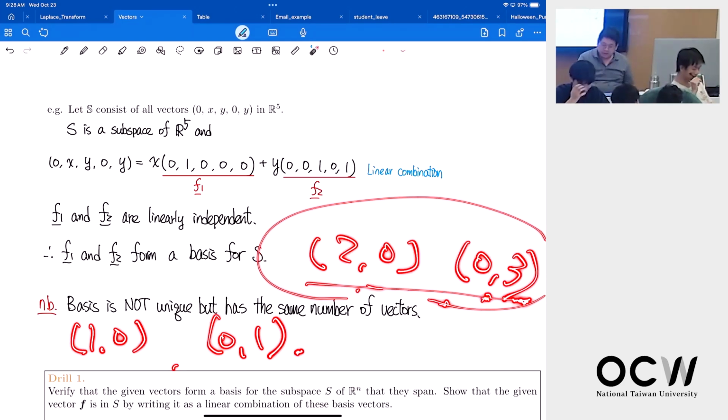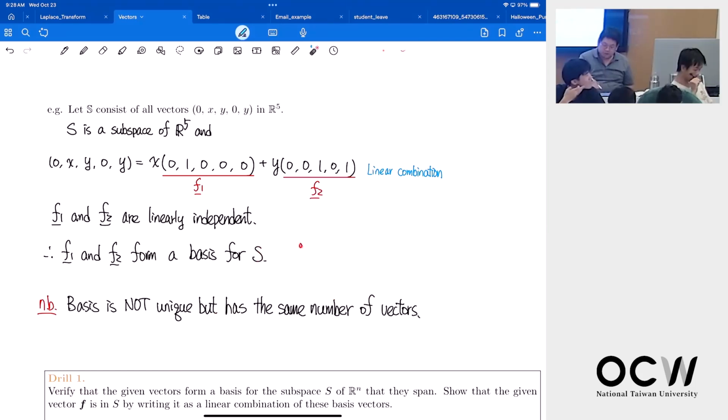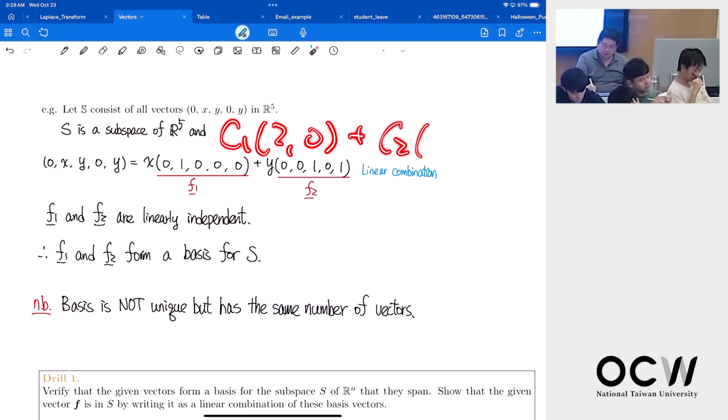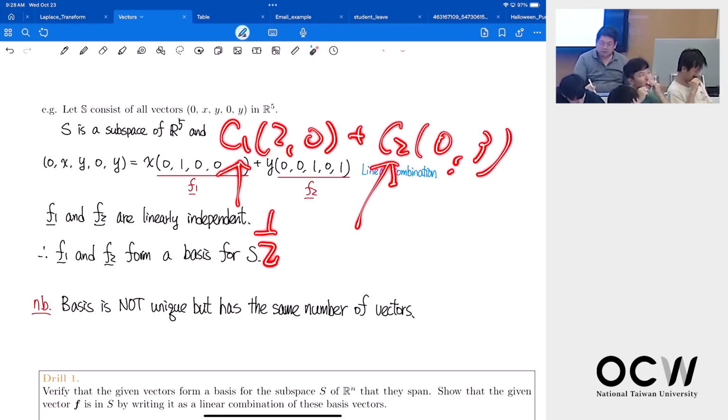Because for the linear combination c1 (2, 0) plus c2 (0, 3), those coefficients are scalars. This could be 1/2, this could be 1/3, then I can create (1, 1).